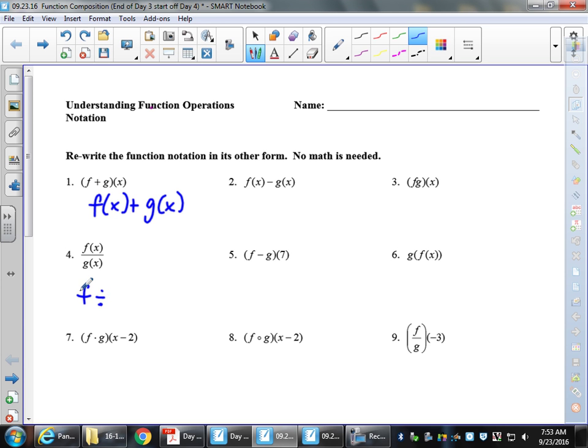Very good. So in parentheses, f divided by g of x. So that's the idea, going back and forth. So take a second, make your way through the others, and then we'll talk about them. No math, purely rewriting.